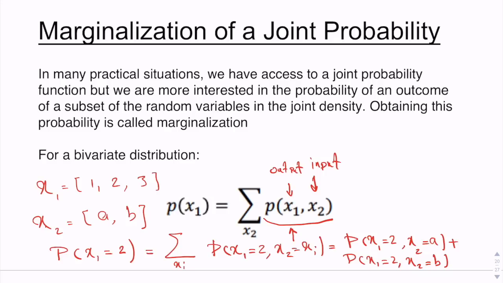This is a very popular trick. If I have P of x1, I can express it by marginalizing over x2 of P of x1 and x2. Now I have the joint probability, and I can do further processing with it if the calculation is easier.